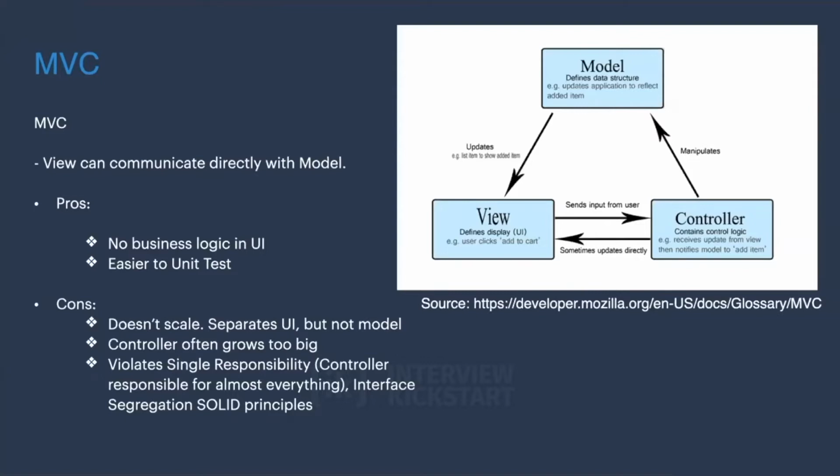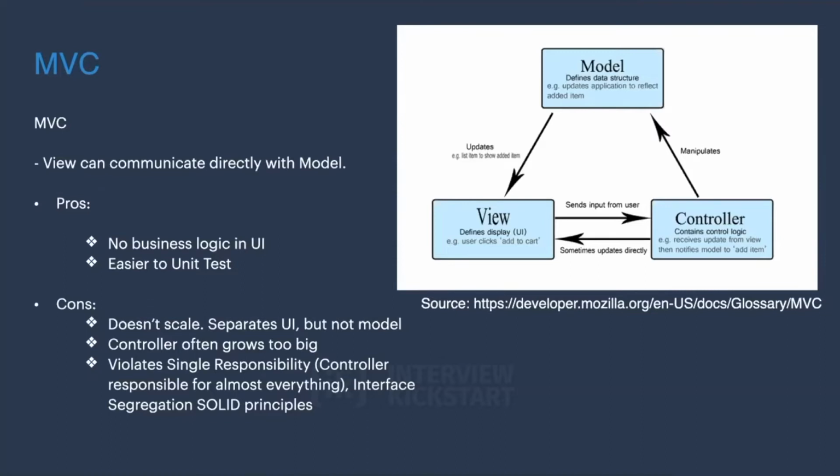Let's say the user asks to see a calendar item or event, and the user taps on an event from the list. Then the view will tell the controller, hey, the user wants to see the event detail. Then the controller will tell the model, hey, where is my event detail?